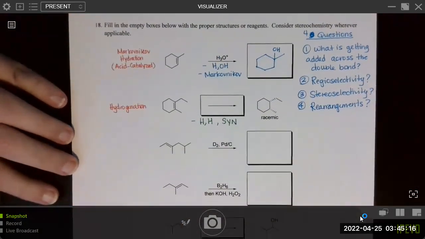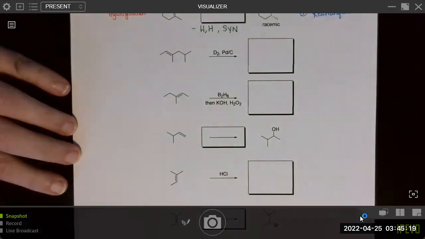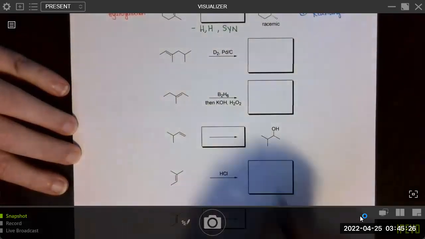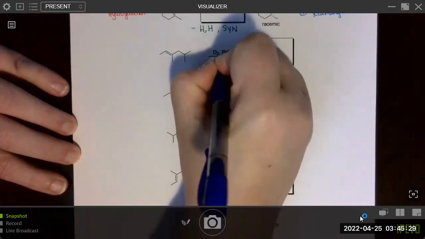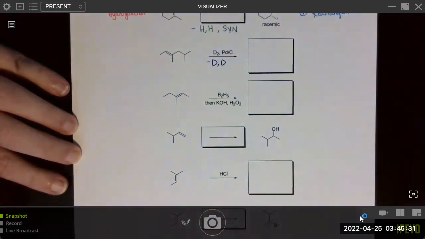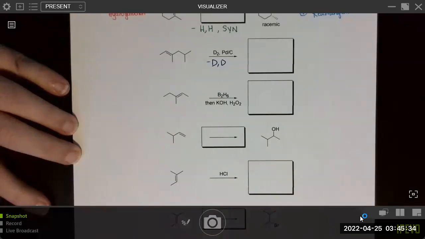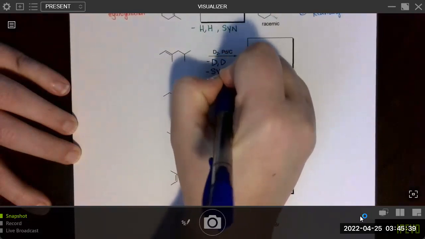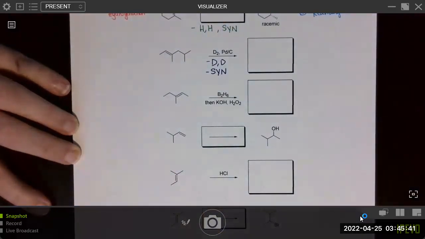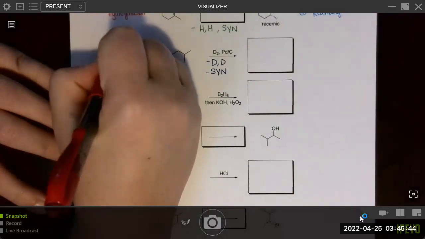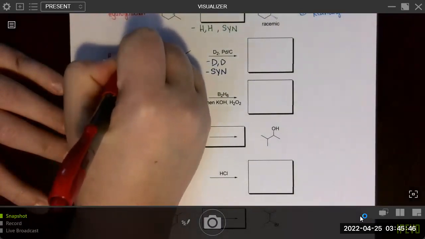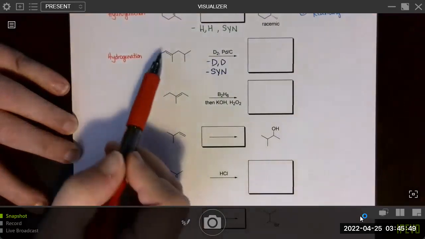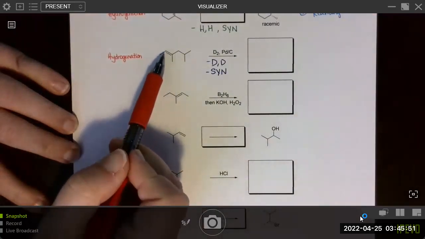Okay, looking at this next example, what is getting added across the double bond? So we are going to be adding in this case deuterium and deuterium. And remember, we don't consider regioselectivity when the group is the same, but this is potentially a syn selective reaction. This is another hydrogenation. So if we're getting a hydrogen here, this will not be a stereocenter.